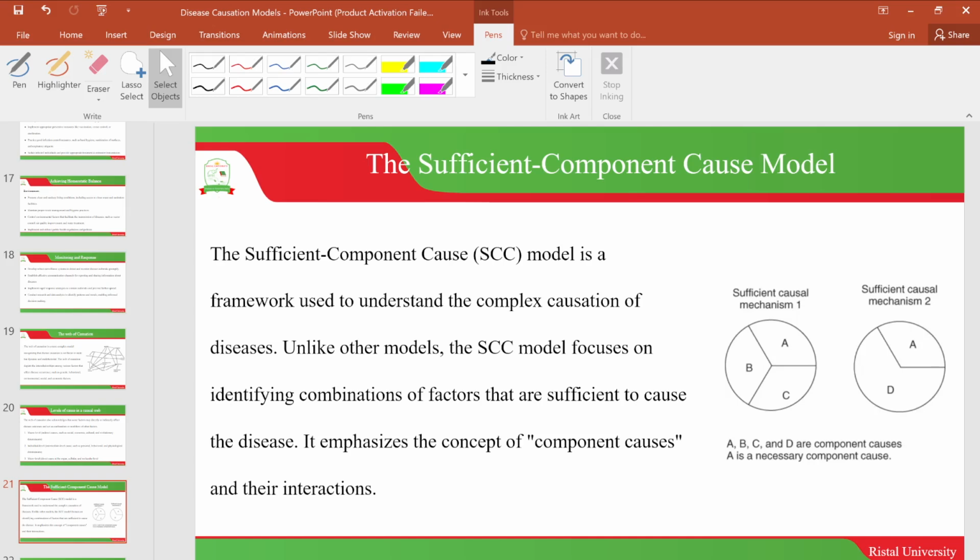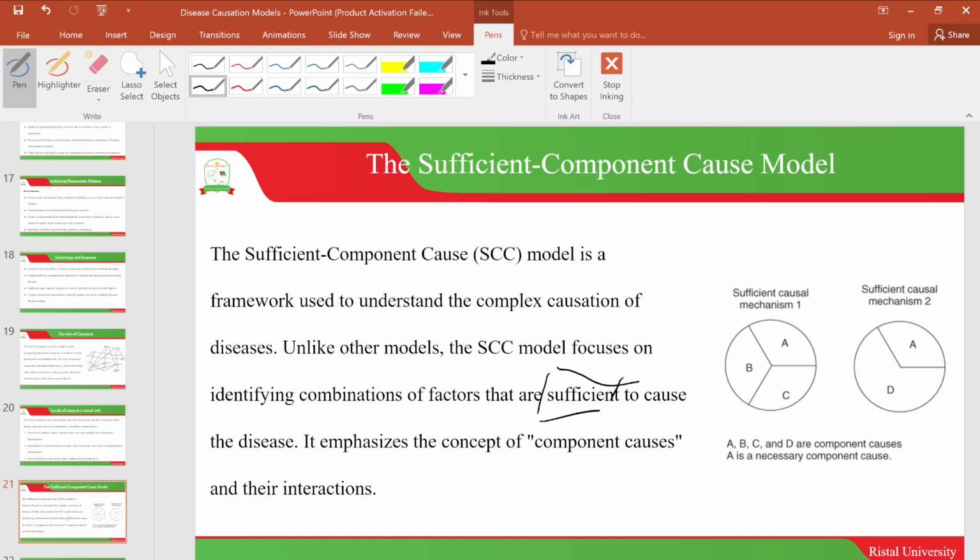But the key word here is sufficient. That means that you can have certain factors that contribute to a disease, but the disease may not really happen, because perhaps these factors are not sufficient to cause the disease.